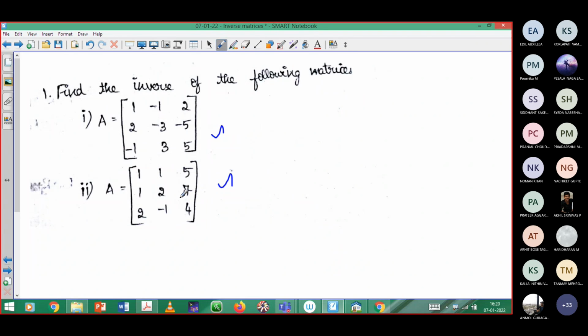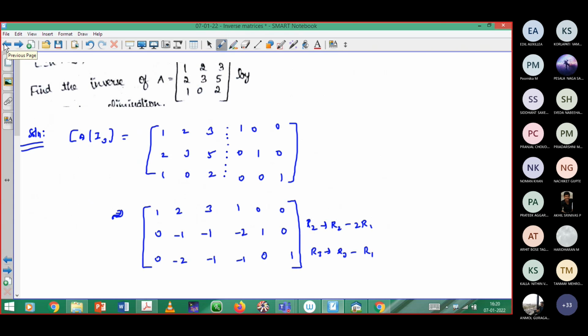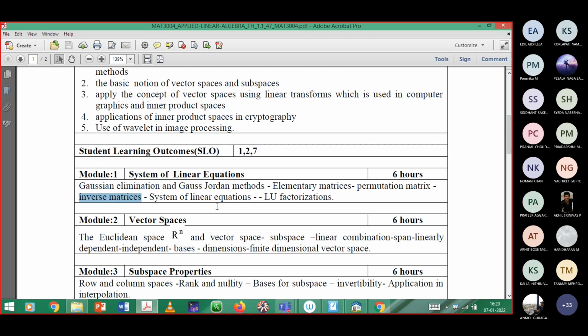There are multiple online sources available to check whether your answers are correct. After solving these problems using the procedure we discussed in the previous slide, you can feed those entries in online and cross-check your answers. Please follow the practice problems, otherwise it will not be easy for you, because this module will be completed very soon. There are no other complicated methods in this module.